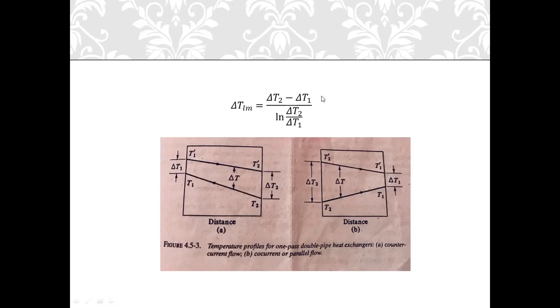Anyway, we will go to that specifically when we touch heat exchangers. So you will have to take into consideration the changes and the varying difference of temperature of the fluids that are flowing in your pipes.